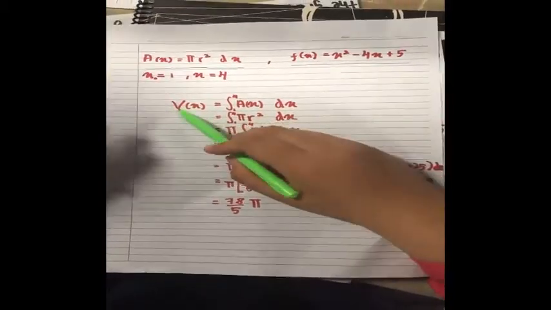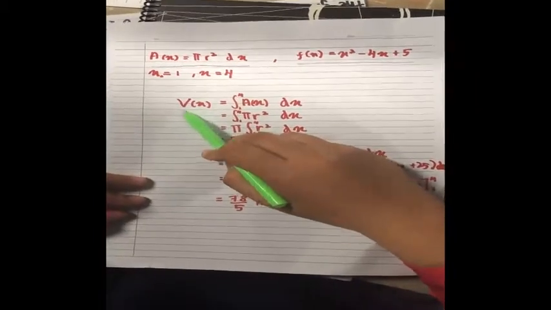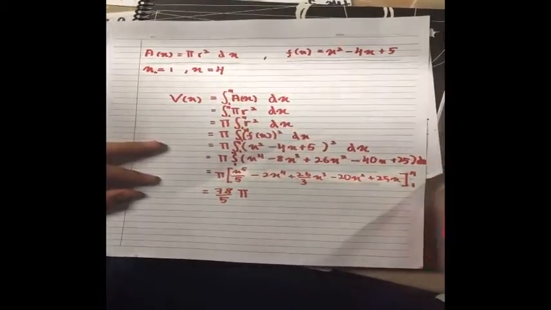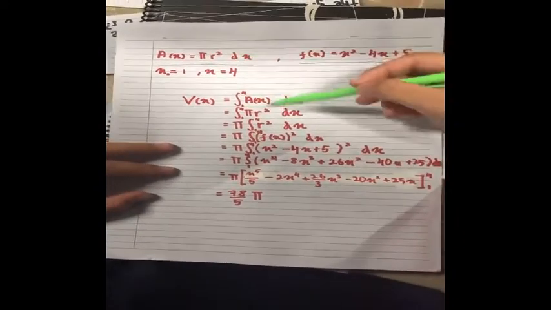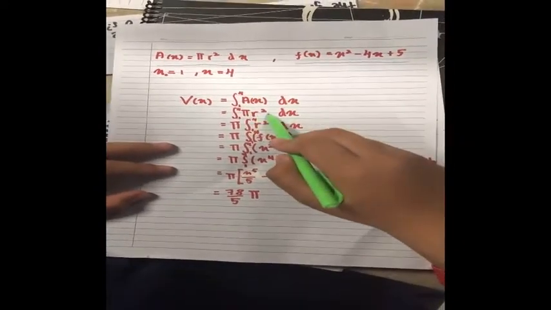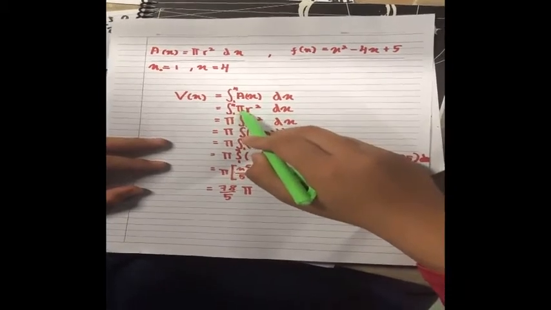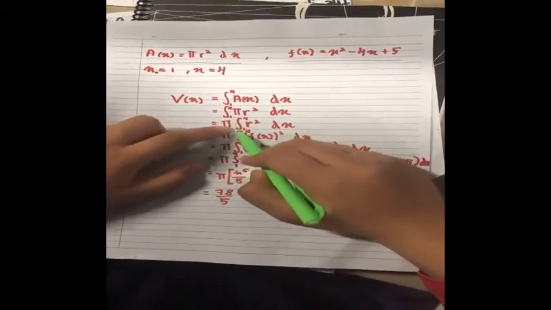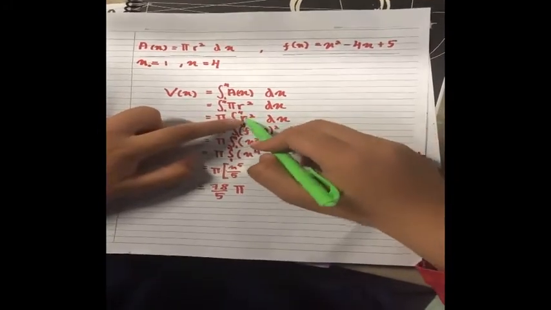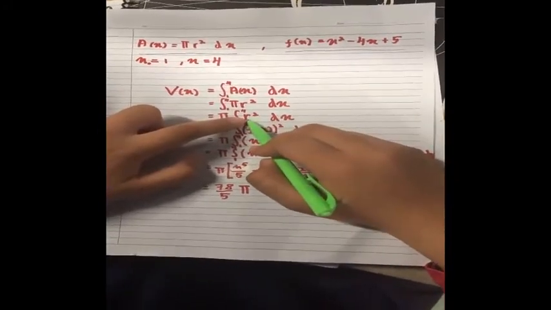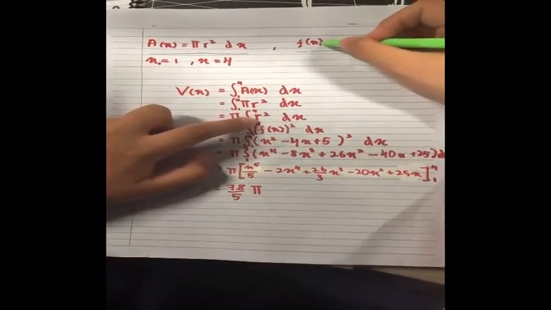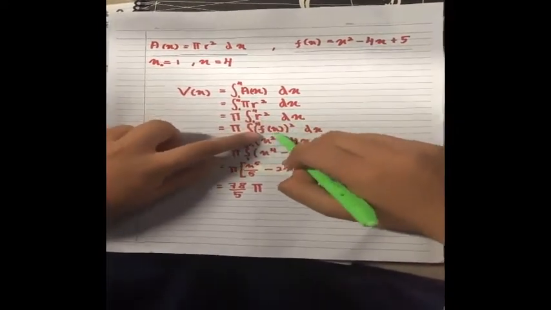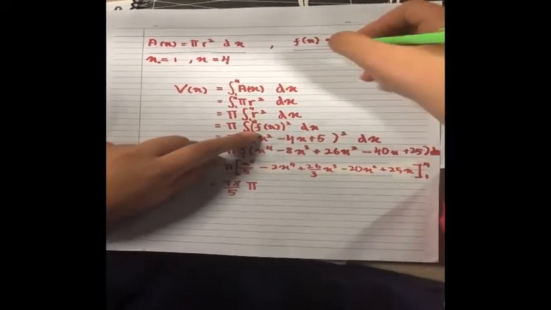If we want to find the volume, we use pi r squared, and since pi is a constant, we can put it outside the integration. The radius is actually y, so we can substitute the function.